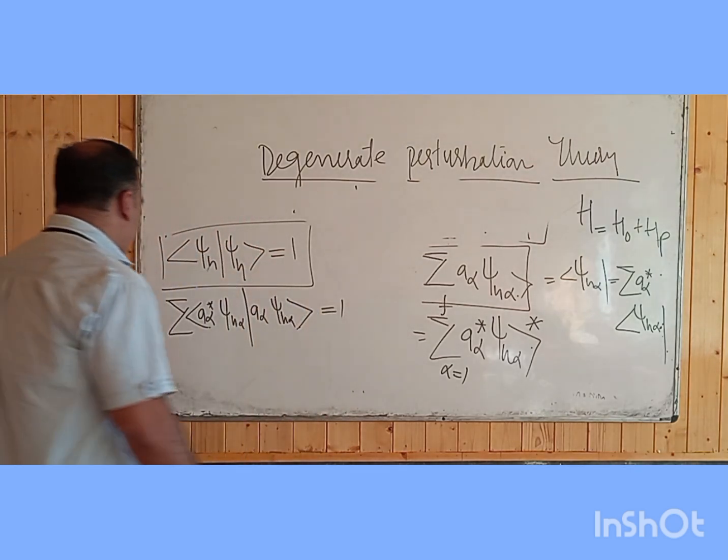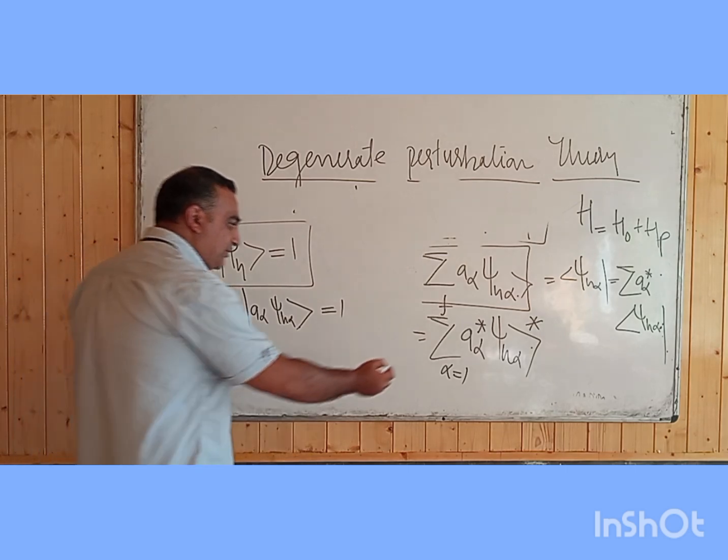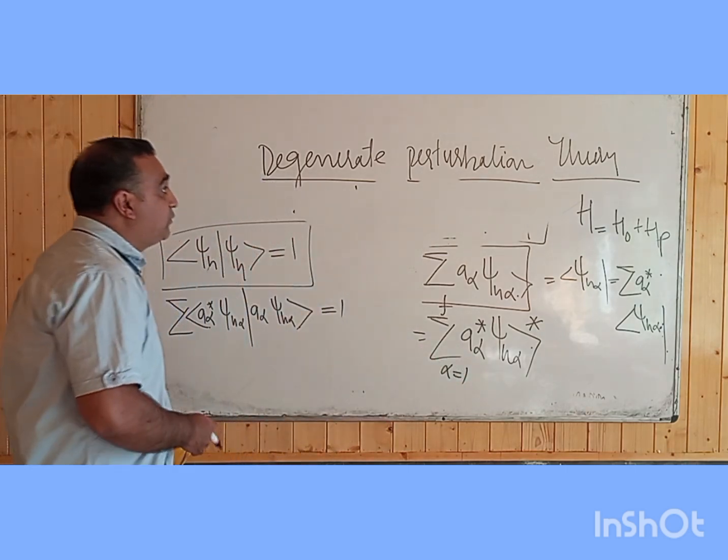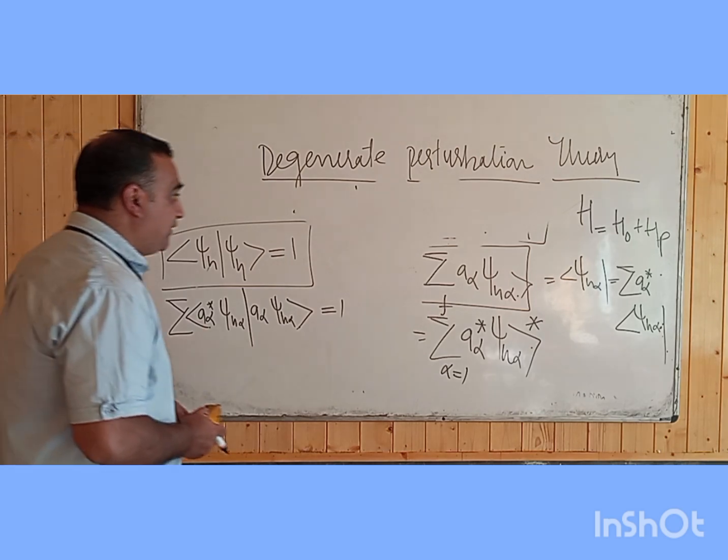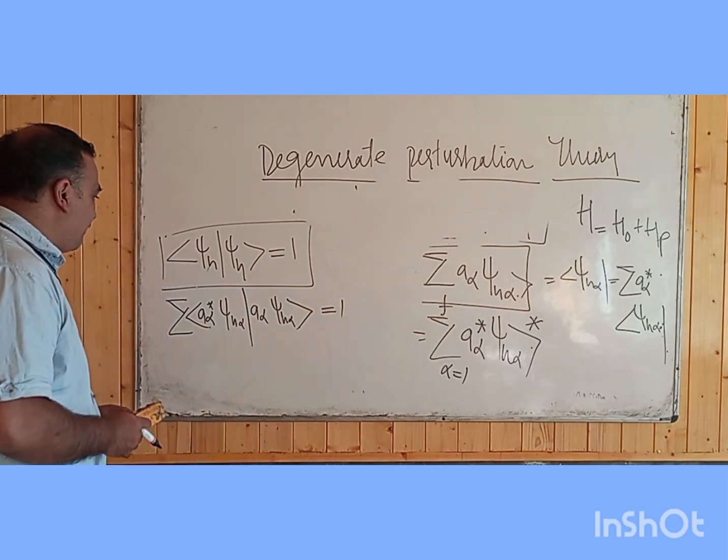This sum runs from alpha equal to 1 to f, which should already be taken into consideration.